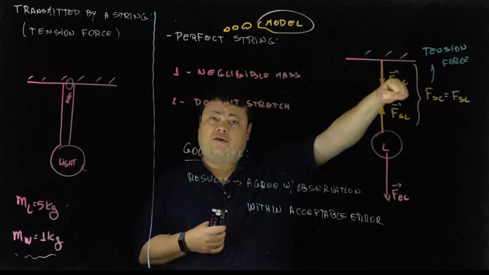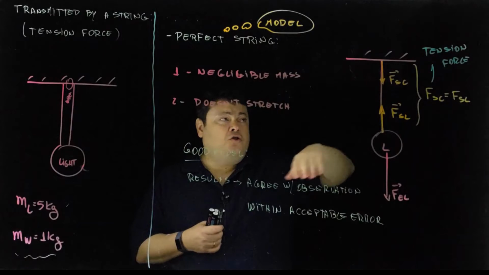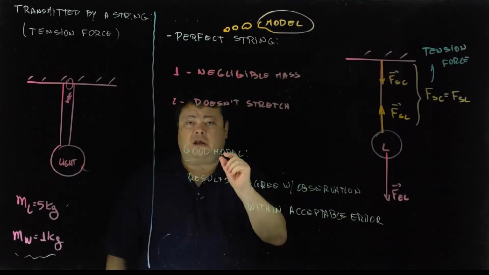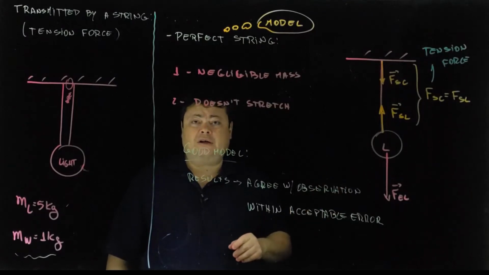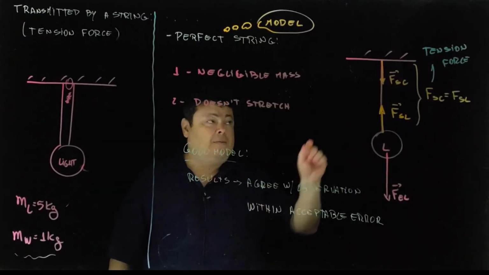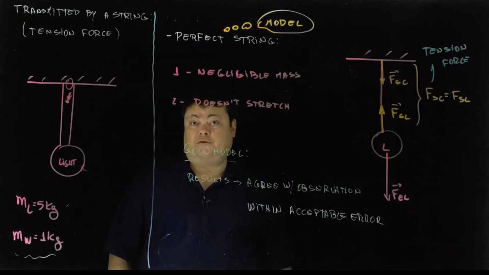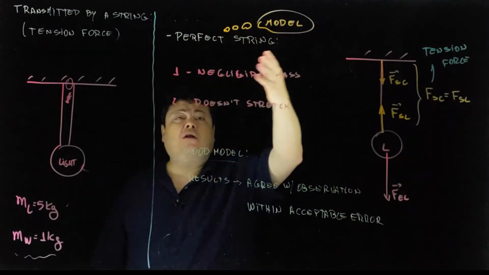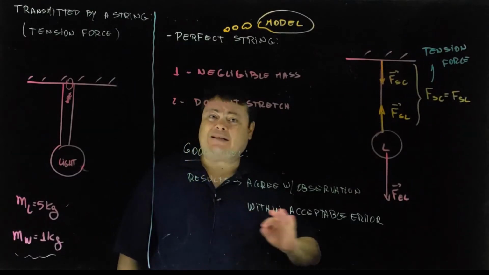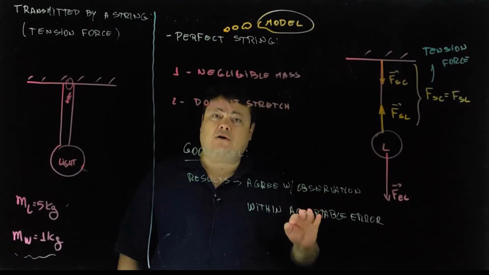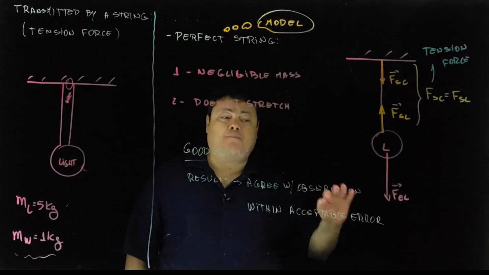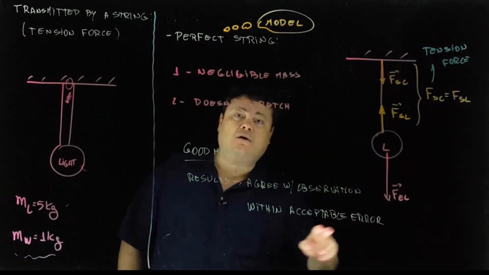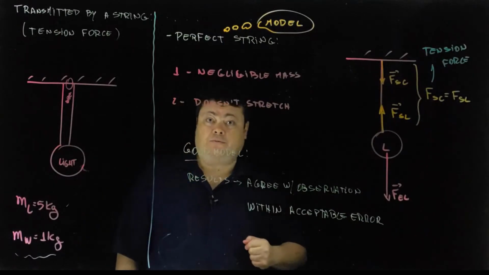When I go to weight the fish, not considering the mass of the fishing line produces an error on that situation that is most likely less than the precision of the scale itself. So, for that situation, the model of the perfect string is an excellent model. It produces results that agree with my ability to observe stuff. It introduces an error that is smaller than the error of my scale.